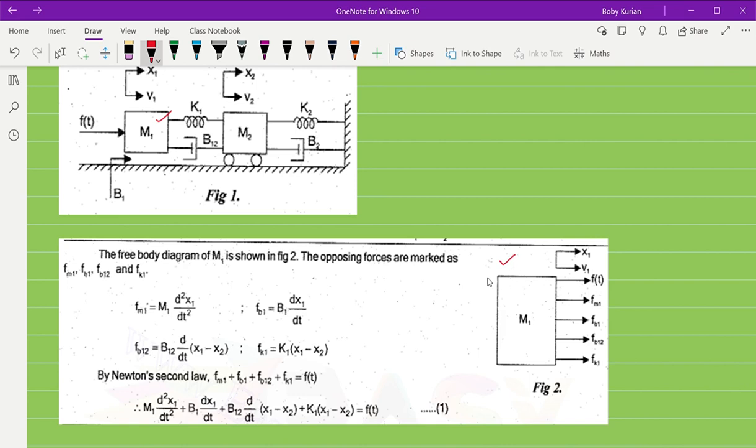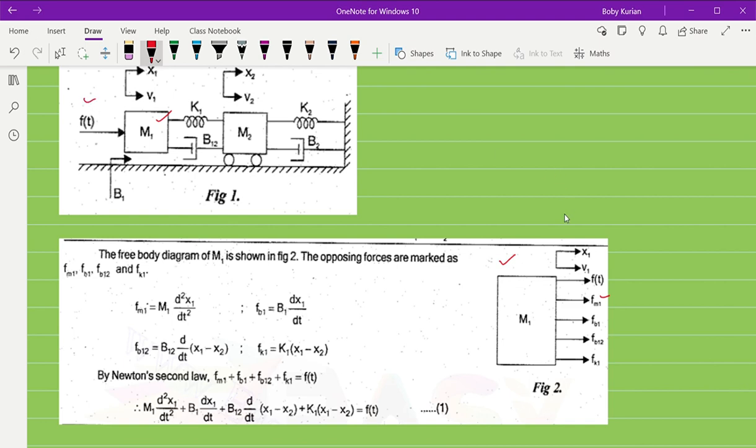So what are the opposing forces on the mass m1? There is Fm1, there is Fb1. You can see this frictional coefficient here, that is Fb1, then Fk1 and Fb12. These are the opposing forces, and the applied force here is F of t.